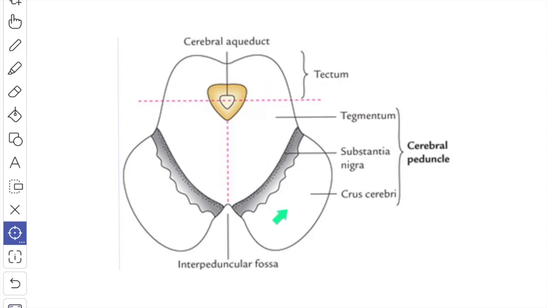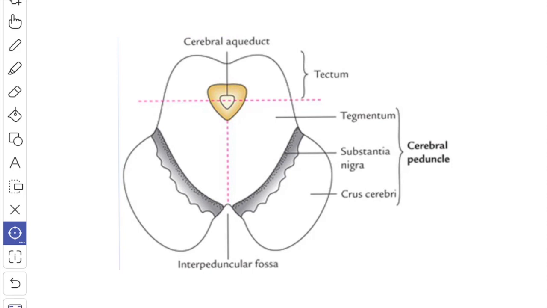The large anterior part is divided into equal right and left halves by a vertical plane, and this whole thing is the cerebral peduncle. Each cerebral peduncle is further subdivided into three parts from dorsal to ventral: the tegmentum, then the substantia nigra, then the crus cerebri.